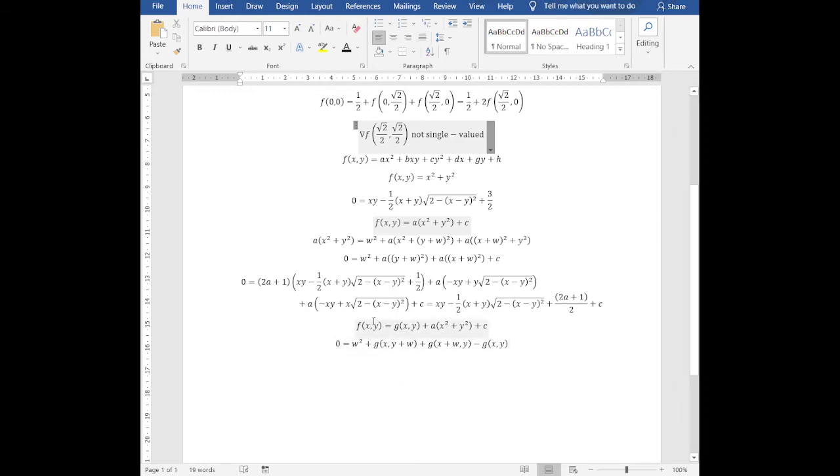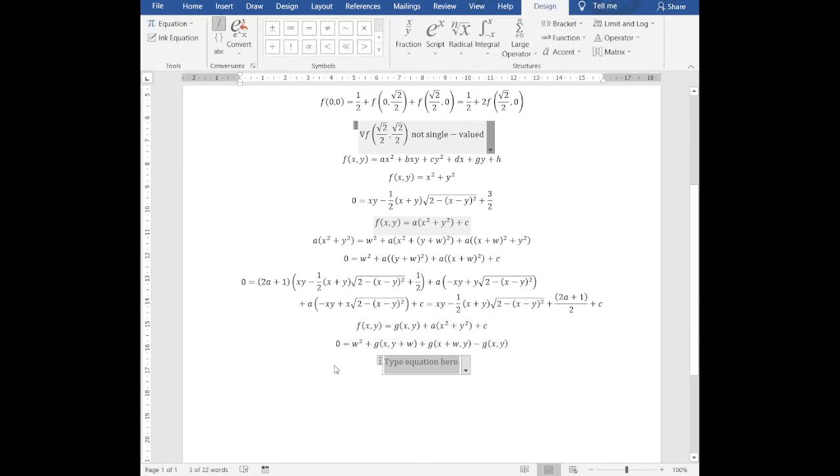Now, let's substitute f of x, and so we can define some function, let's call it h. It's a functional, I don't know, I'm going to call it a functional. I'm going to define h of g of x, y, for some arbitrary function g.